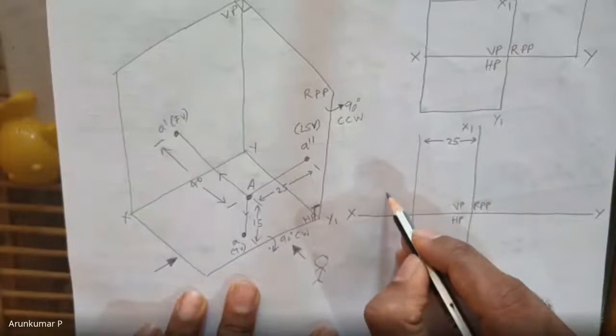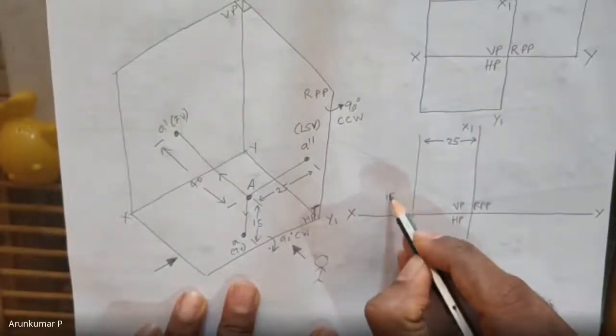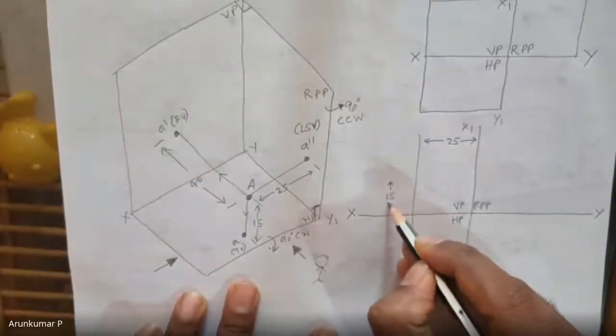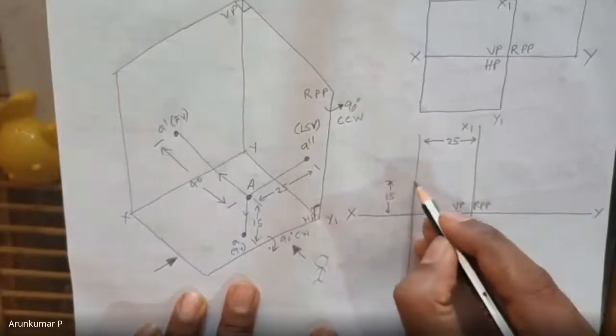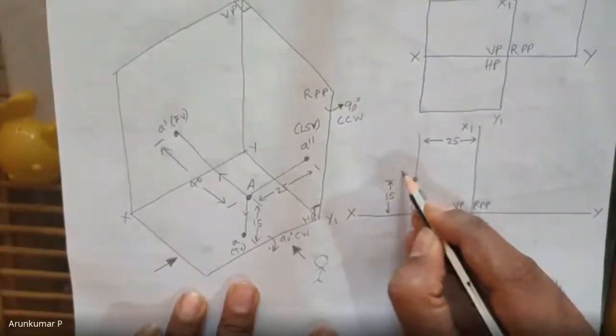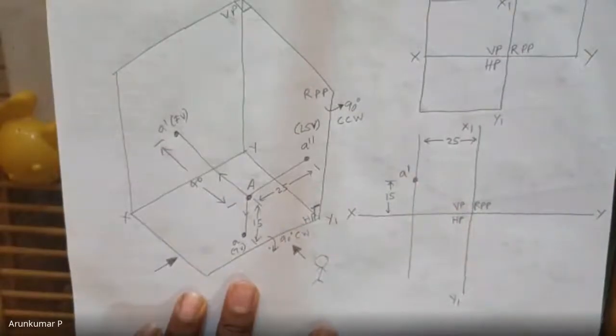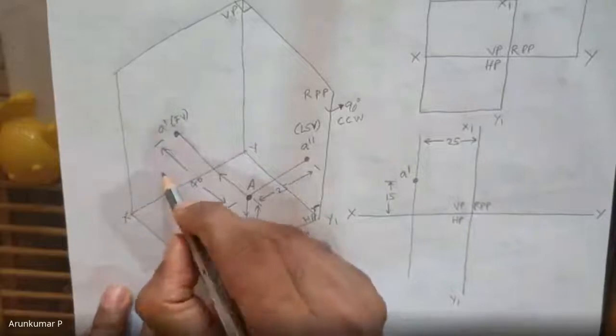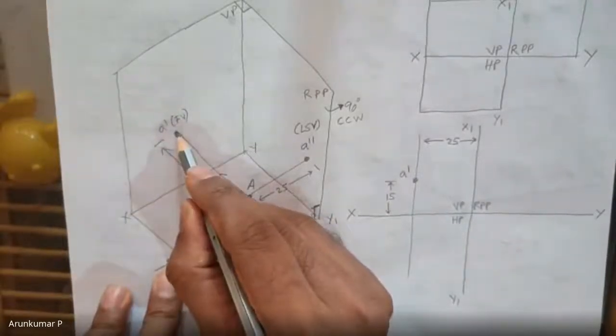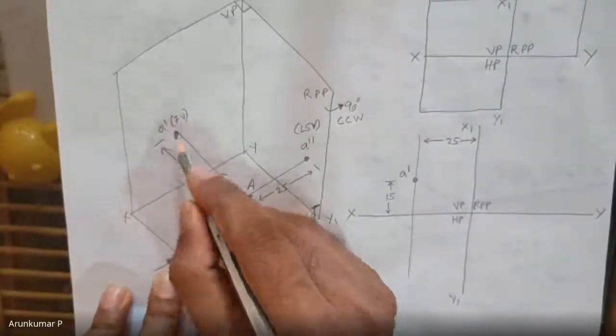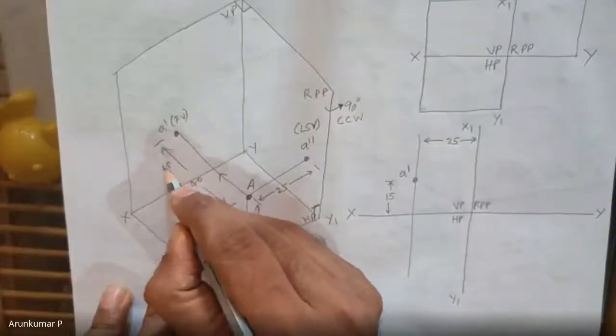So mark 15 mm and locate the front view. I'm asking what is the distance of the front view from the XY line. So this is 15 mm.